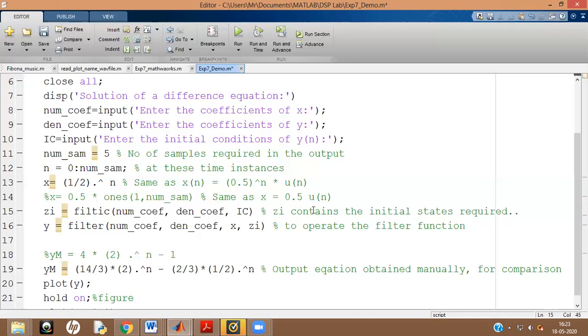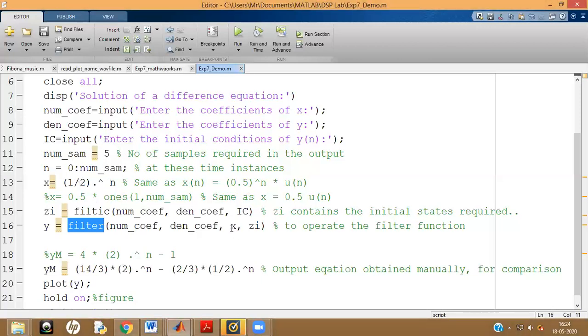This function calculates something called zi, which is required by the next function, the filter function, which is also an inbuilt function. This is filtering with the numerator coefficient and denominator coefficient, the actual transfer function. Using this transfer function, it is filtering the input signal x that you are creating over here.